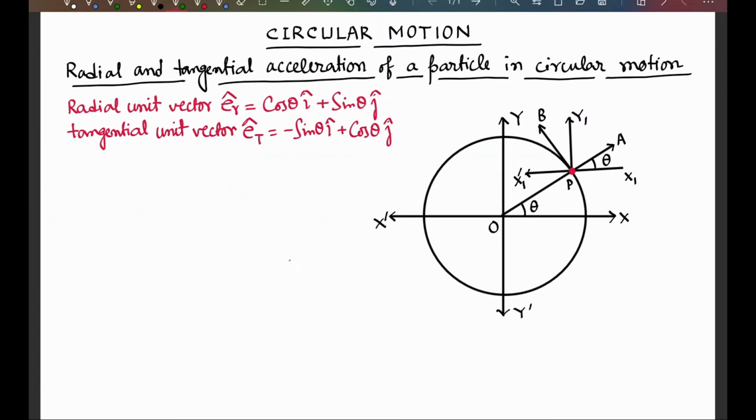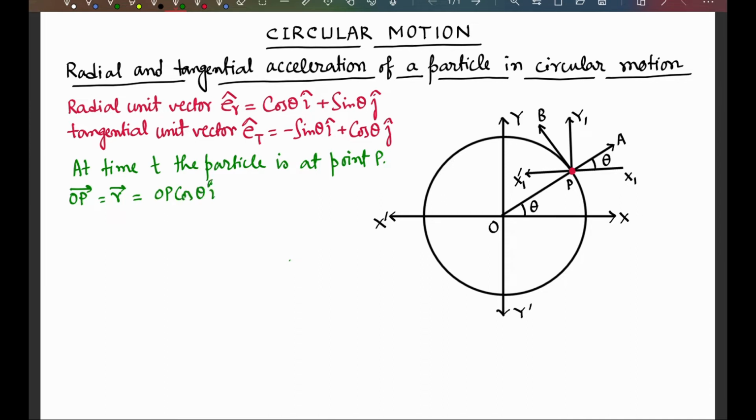The particle is at point P at any instant of time t. Therefore, the position vector of P, that is OP vector, is R vector. Here R vector is equal to OP cos theta i cap plus OP sin theta j cap.